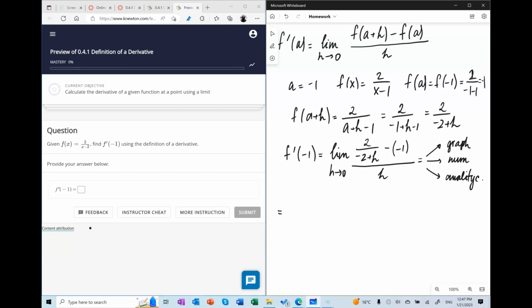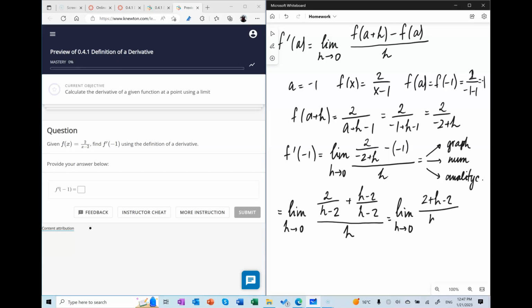Analytically, I'm going to simplify the expression inside of the limit, and it looks like we have to do a common denominator in the numerator. So we have this fraction plus 1, but instead of 1 I'm going to write it as h minus 2 over h minus 2, and all that divided by h. Now we can combine the fractions in the numerator. So we have 2 plus h minus 2 divided by h minus 2.